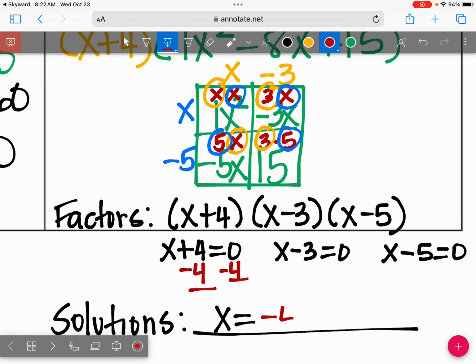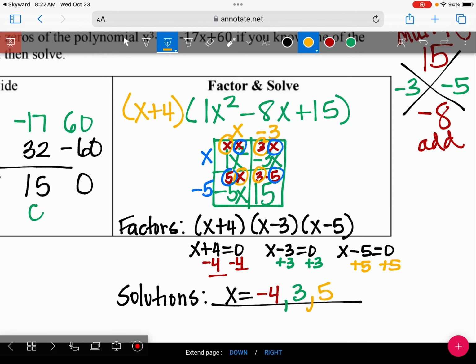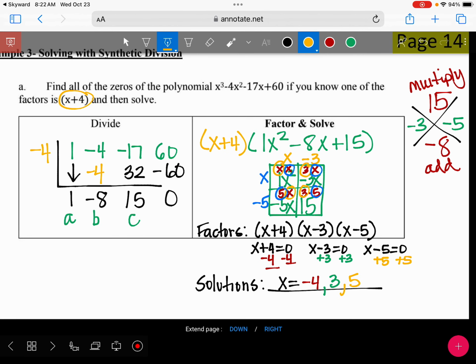So I got x equals negative 4. The second one, I'm adding 3. 0 plus 3 is 3. And for the last one, I'm adding 5. And I get 5. And that would be your 3 answers. So if they ask you for the solution, you have to set the factors equal to 0.